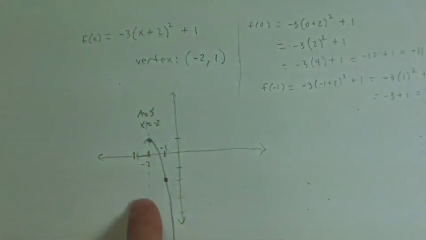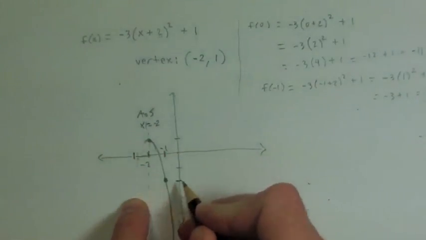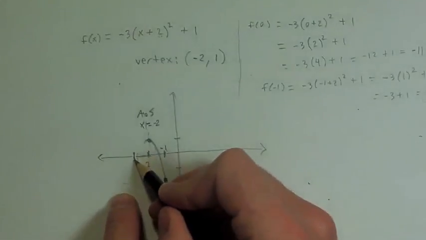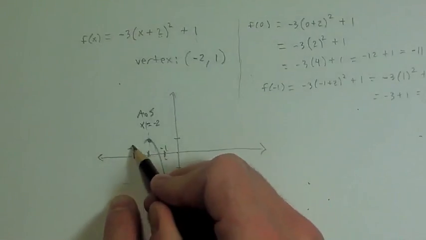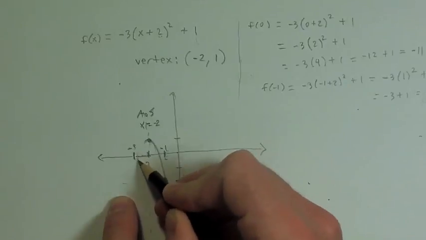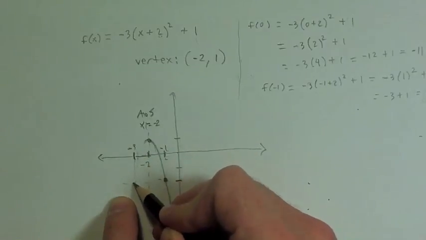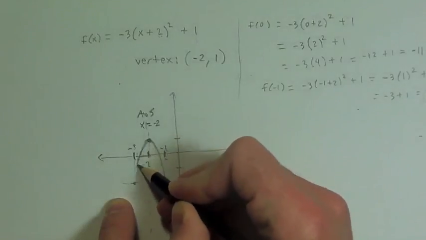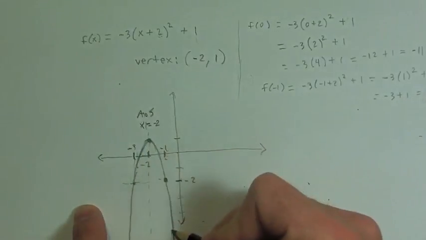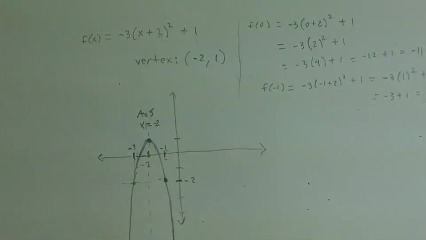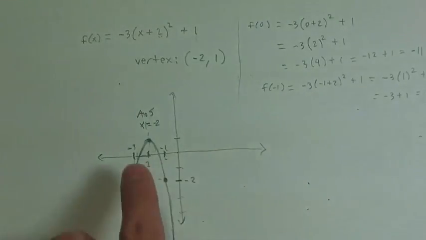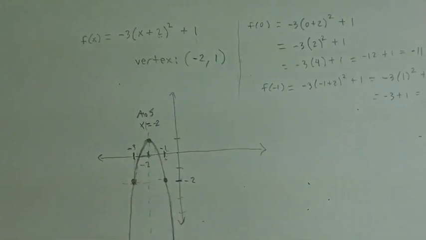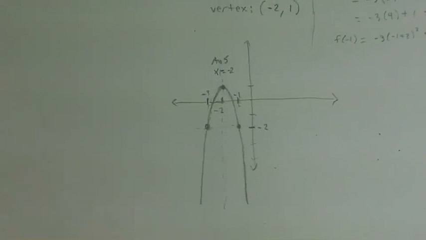That means here, this is -1, at -3, when I go 1 away from the vertex in this direction, I have to go down to -2 here as well. So it has to match on both sides, right? So that automatically helps us find where we are at -3.